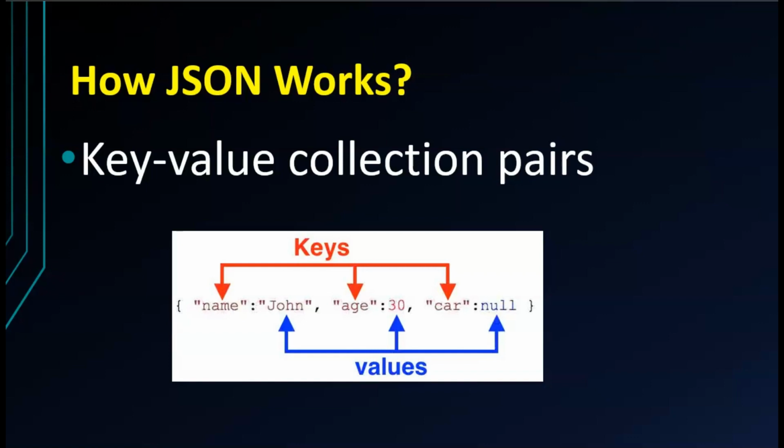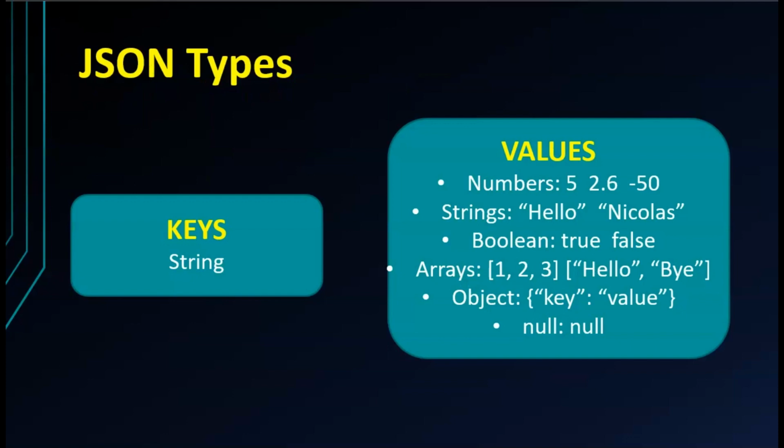JSON works with different types, and the keys must always be a string type. And for the values, we can use different types. For example, we can use numbers: whole numbers, floats, negative numbers.